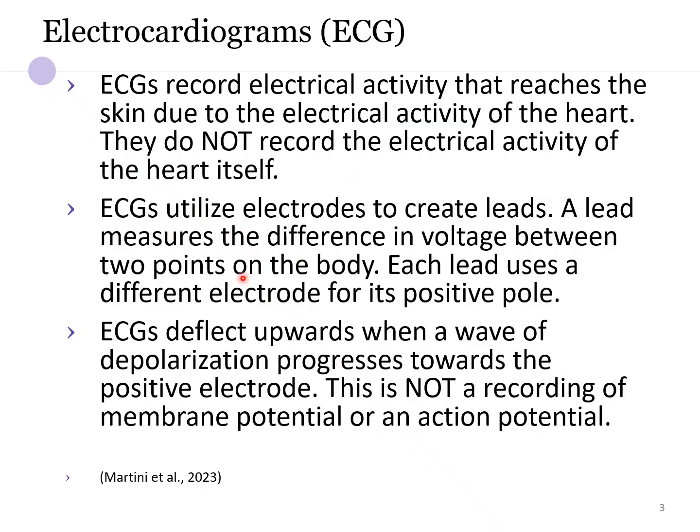The electrodes and the lead get the electrical difference between two electrodes, with a positive pole. So the ECG deflects upward, in the form of a wave, when there is depolarization. To be precise, the ECG does not record a membrane potential or an action potential.